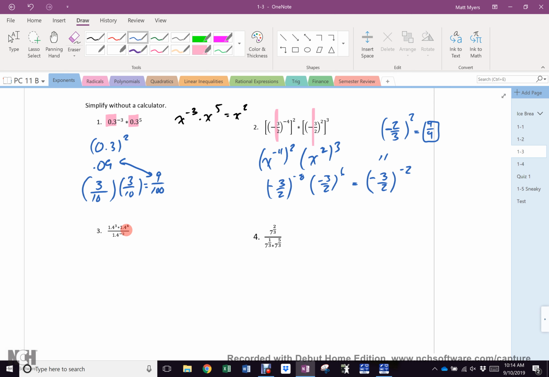I don't, do I? It's all the same base, so what do? Follow the rules. 3 and 4, 1.4 to the 7th over 1.4 to the negative 2. Now what? 1.4 to the 9th.